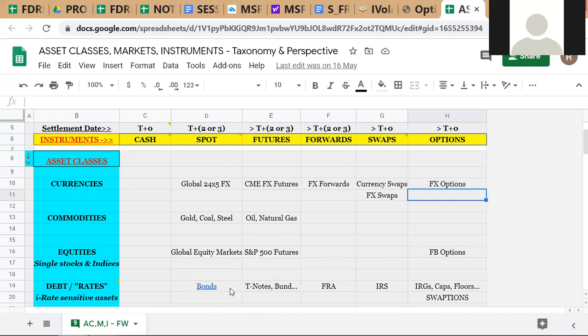Sometimes you have a best-of kind of option, where whatever is the best performance of these four, you will get the return on it. So you can structure all kinds of complex options, but the basic pricing, valuation and hedging logic will remain the same. You can just have different kinds of underlying.